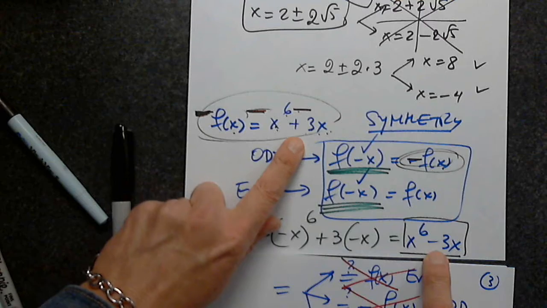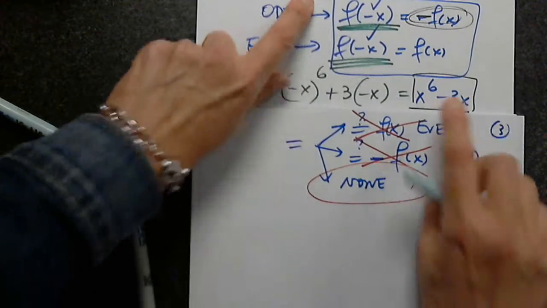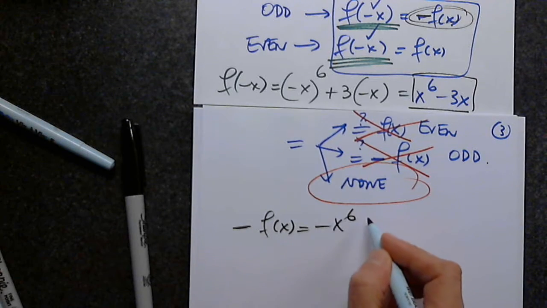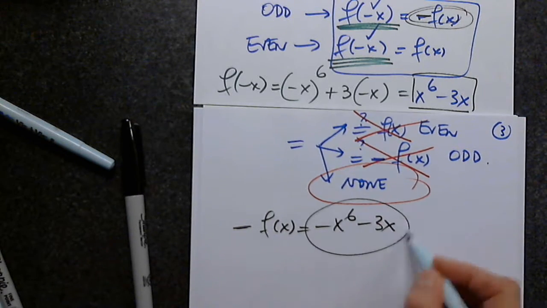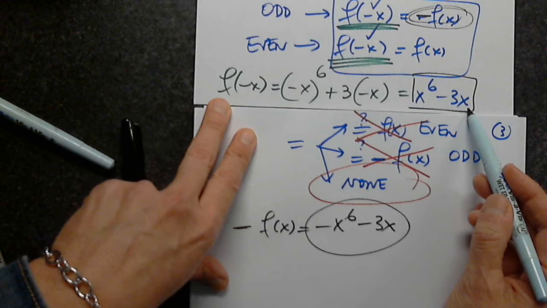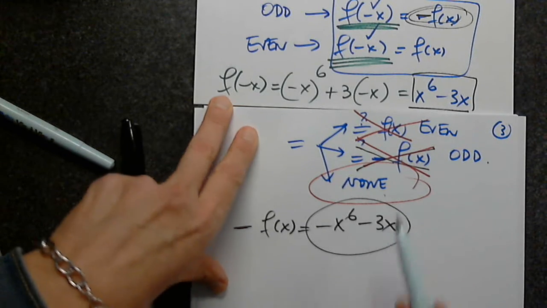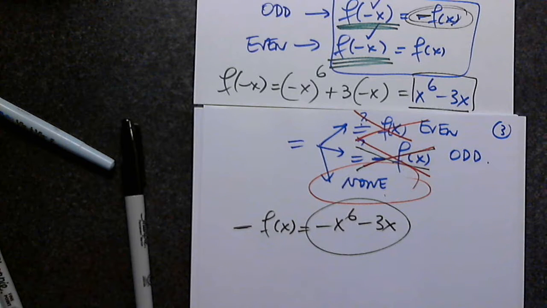They're not the same. Let me write it here, maybe it's better. Negative f of x equals negative x to the 6th minus 3x. Since this does not equal this, the function is not odd. Therefore, we conclude that it's not even, it's not odd, it's not symmetric.